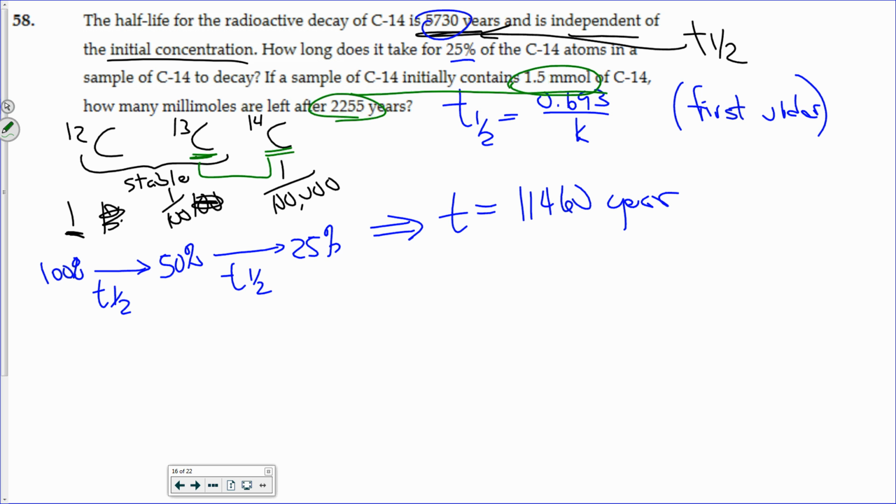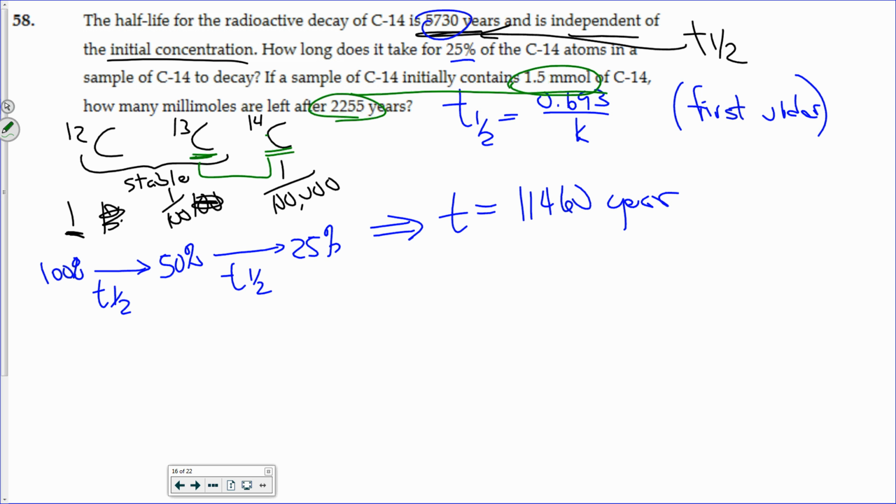But as soon as this C14 gets fixated in something where it can't go into the atmosphere anymore, whether it gets into a fossil or a piece of wood buried in the ground or whatever it is, so it's not exchanging with the atmosphere, now this ratio starts to drop because that C14 is starting to decompose. And we know that if half of it's gone, if this ratio doubles from what it was, it's been 5730 years.